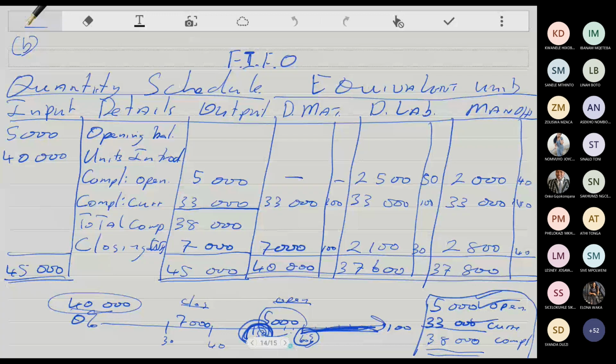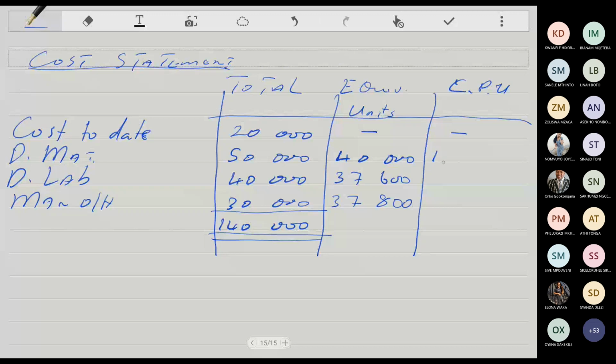40,000 gives us R1.25. Then again 40,000 divided by 37,600, so you'll have here R1.06.